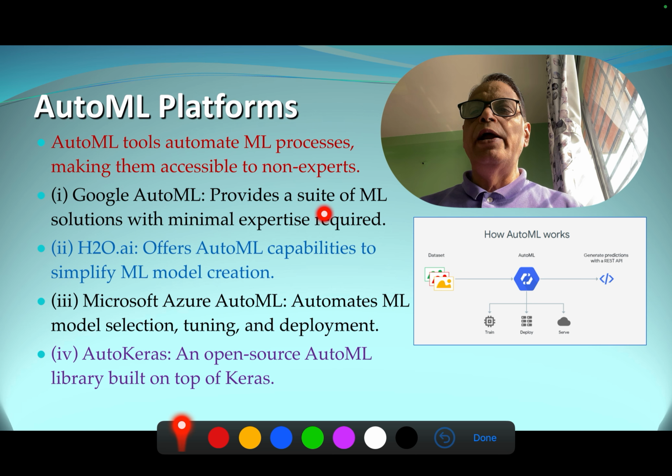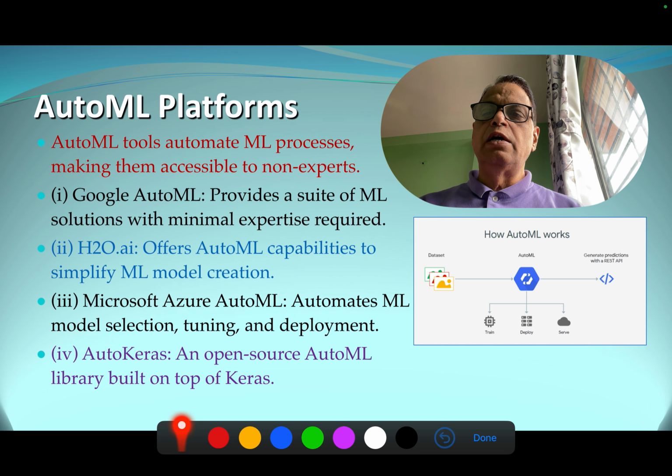It provides a suite of ML solutions with minimum expertise required. As shown in this window, we can understand how AutoML works. Here is a data set, here is the AutoML platform, and here the training will take place, then we will have the deployment of the model and the service will be available, and finally you can generate the prediction.